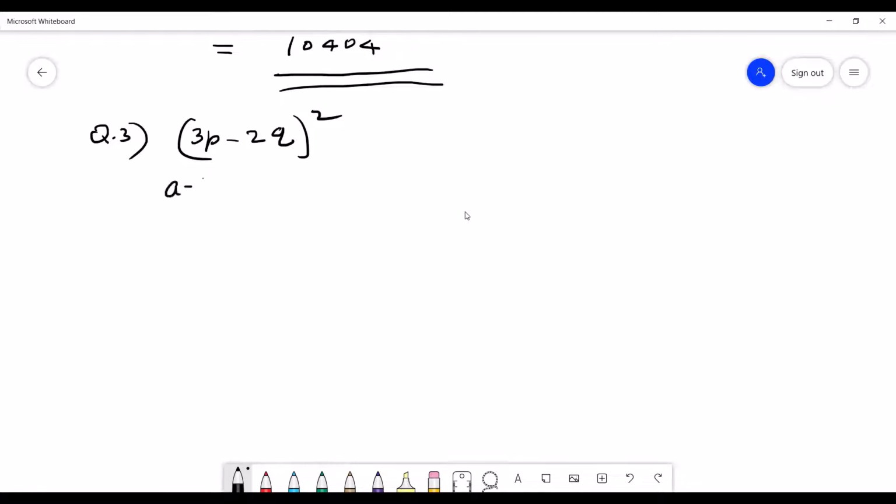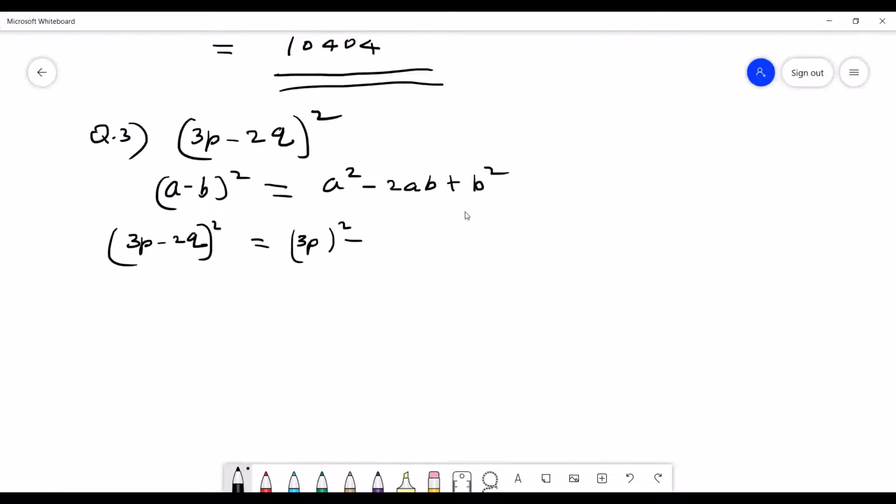See, I have this algebraic identity: a minus b whole square is a square minus 2ab plus b square. If I know this identity, then I can apply it directly. So 3p minus 2q, the whole square, will be equal to, a is representing 3p, so 3p whole square minus 2 into a, which is 3p, and b is 2q.